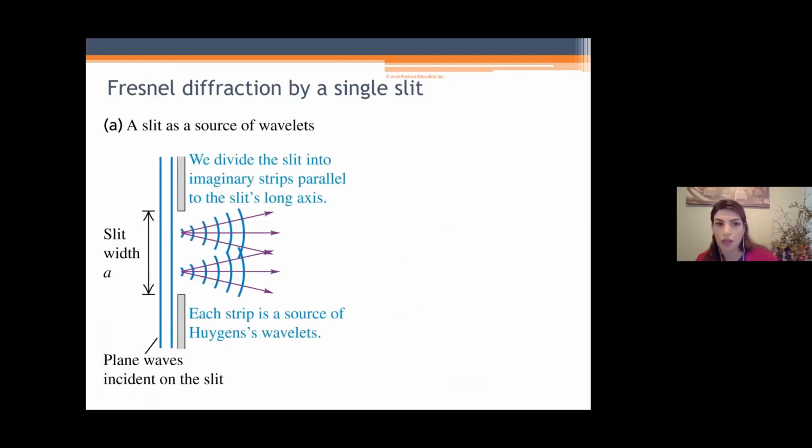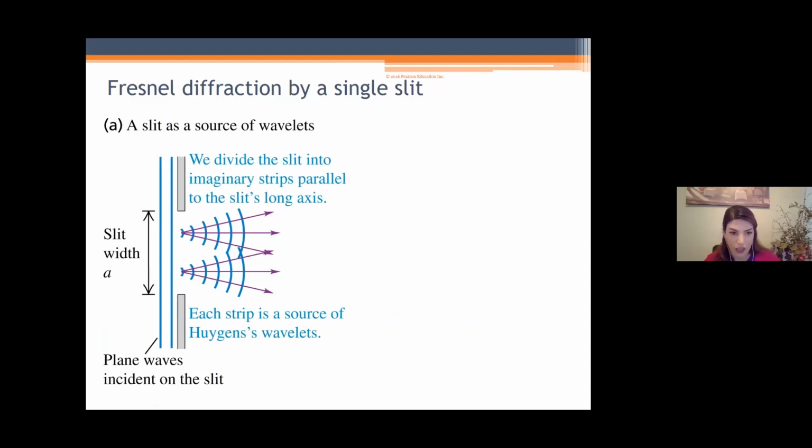So what happens here is that each element of area of the slit opening can be considered as a source of secondary waves. Now imagine dividing this slit into several narrow strips, right? Several narrow strips here.